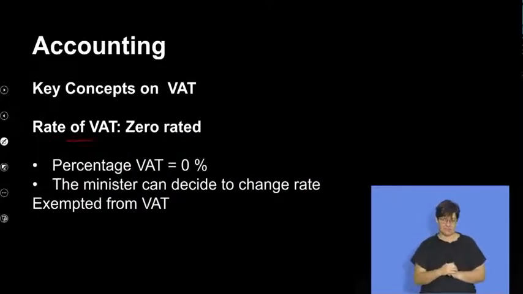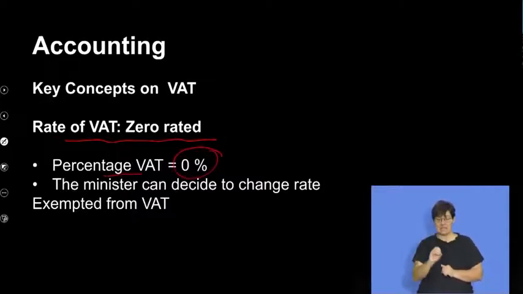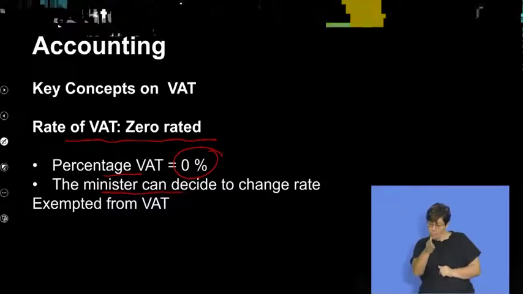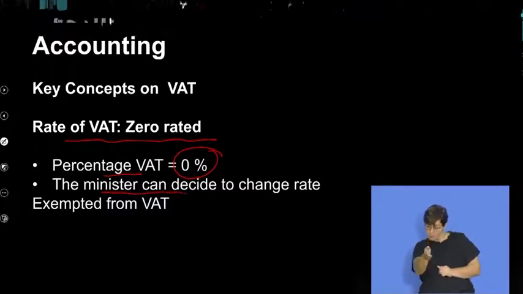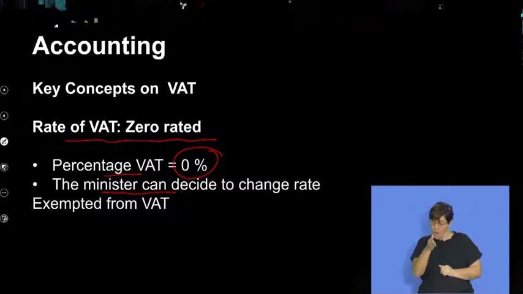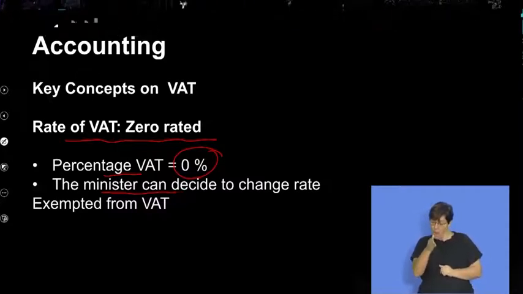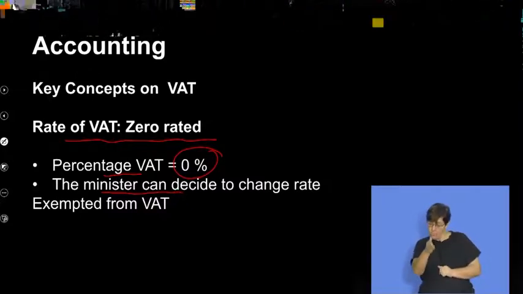Remember what we said? Zero rated, the percentage VAT is 0%. This is the VAT rate at any time. So in other words, if an item falls within the zero rated category, there could be a situation where the economy of the country improves and it becomes VATable. So those items that are currently zero rated, it can change. Or if the conditions in the economy worsen, more items could become zero rated.